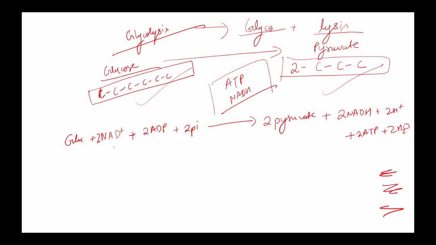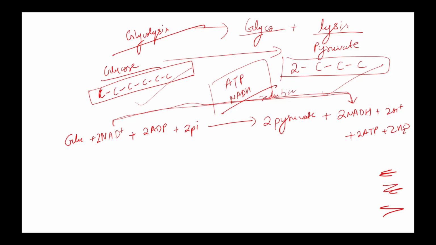So the conversion of NAD plus to NADH, is it reduction or oxidation? What is happening here? It is a reduction reaction which is taking place here. So this is the net reaction.